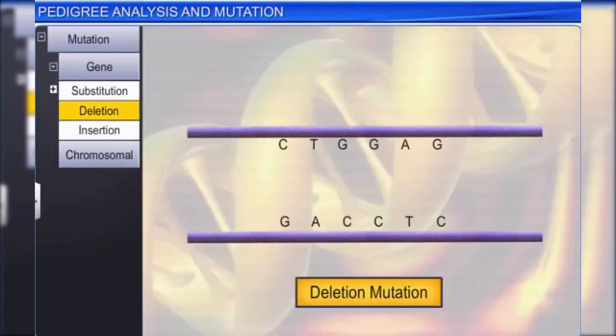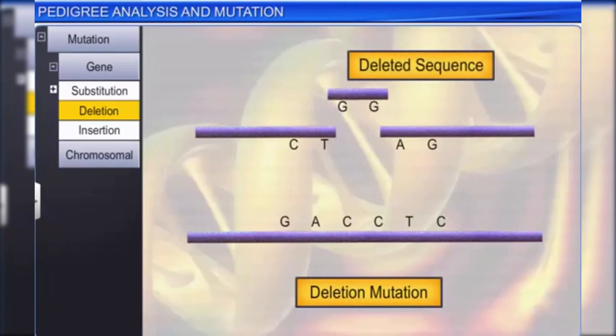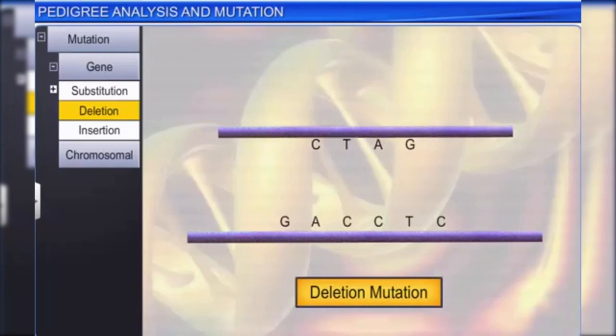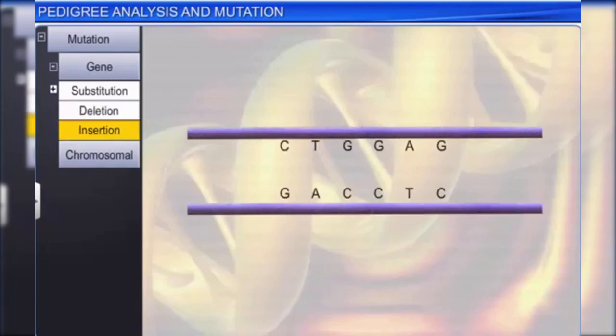Deletions, on the other hand, occur when a sequence in a gene is deleted. For example, deletion of a sequence of the APC gene, which is a tumor suppressor gene, results in a non-functional protein which leads to cancer. Insertions occur when a sequence in a gene is added.